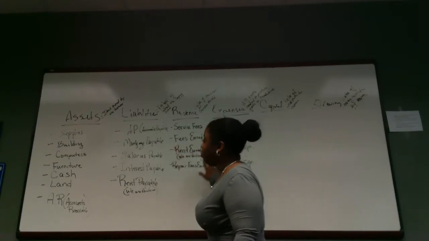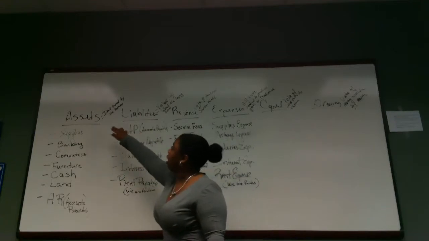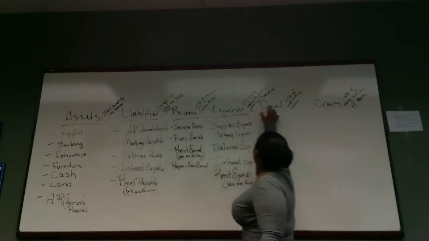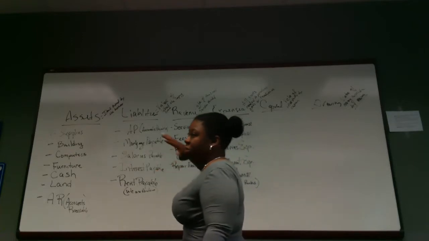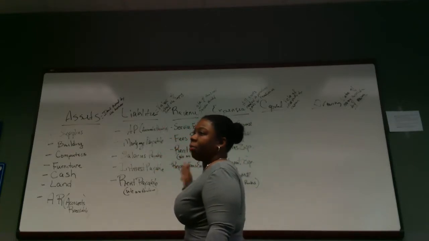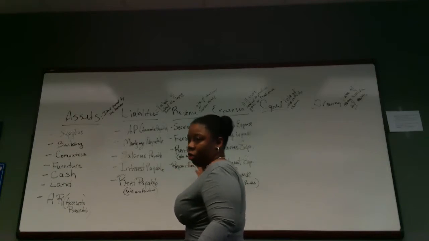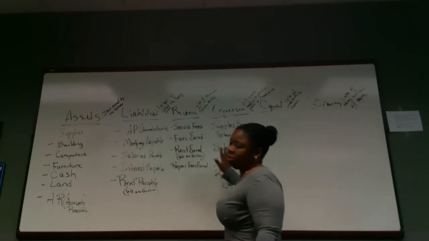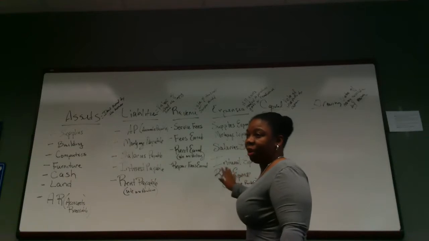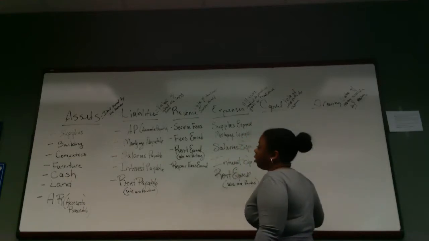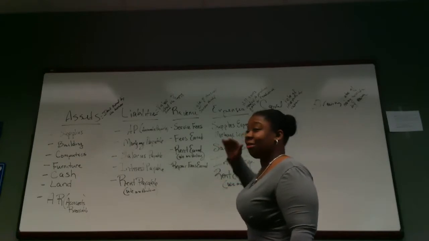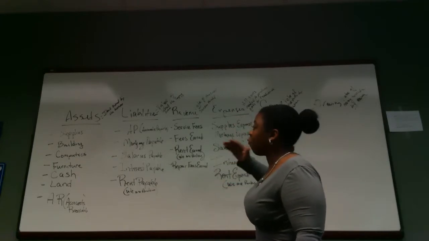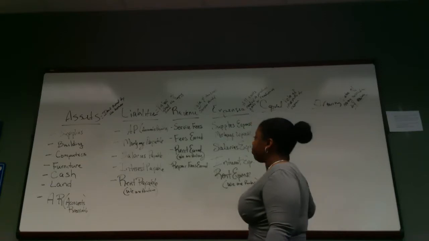But if you put the category in the wrong T table, it's going to mess up your debits and credits, because it won't balance. You'll try to figure out why, remembering that your debit has to equal your credit. It's just a bunch of small rules that you have to have in place in order to move forward. It's not hard, it's just a lot of steps, so you just have to be comfortable with each one of the steps.